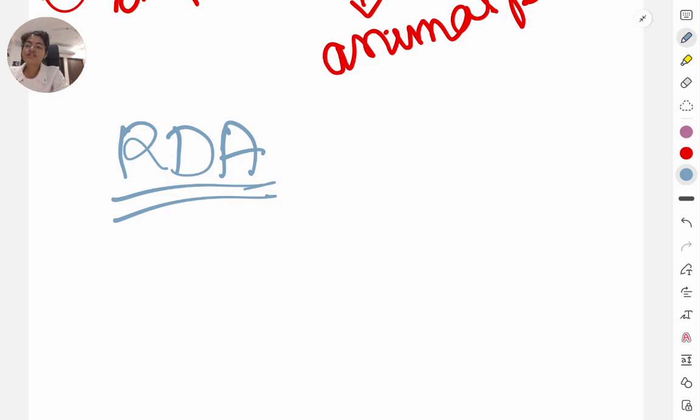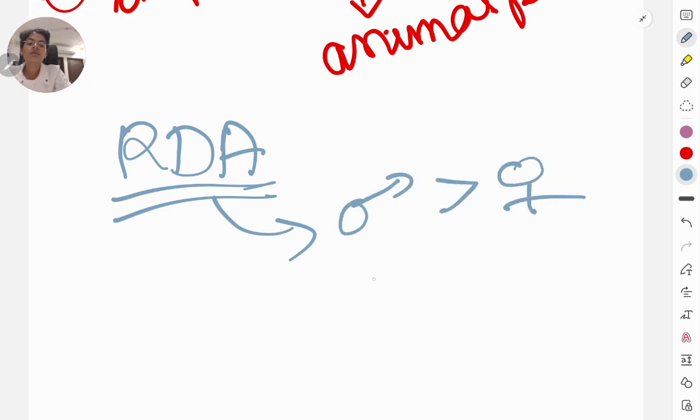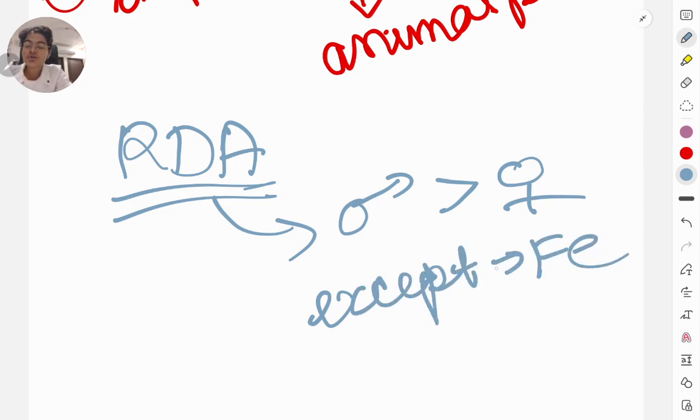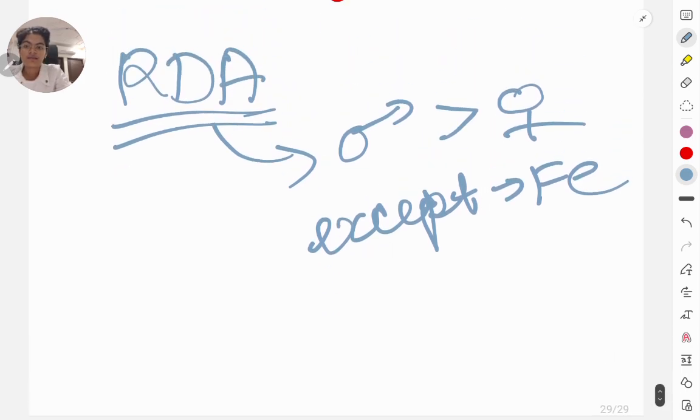Now this is not just the minimum amount, I am saying the optimum amount that should be taken. And there are certain factors on which it depends, such as gender. In male it should be more than female, except the iron, because in the case of female there is menstruation which causes lack of iron in female.